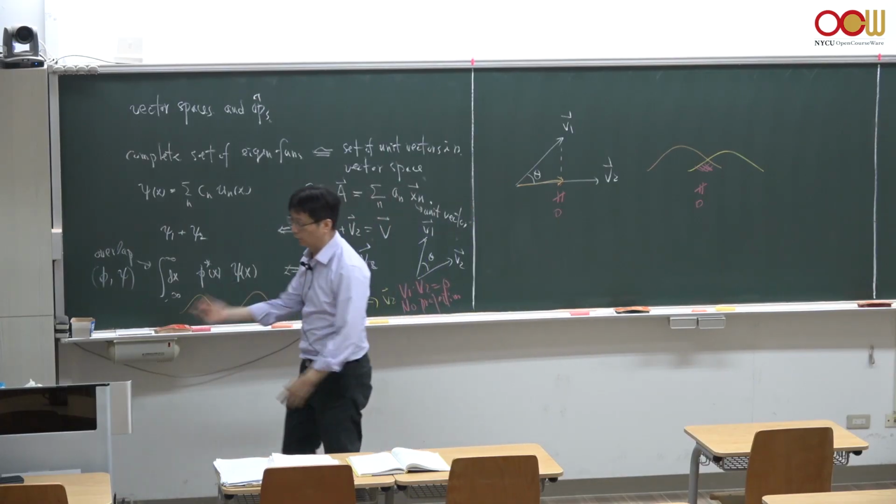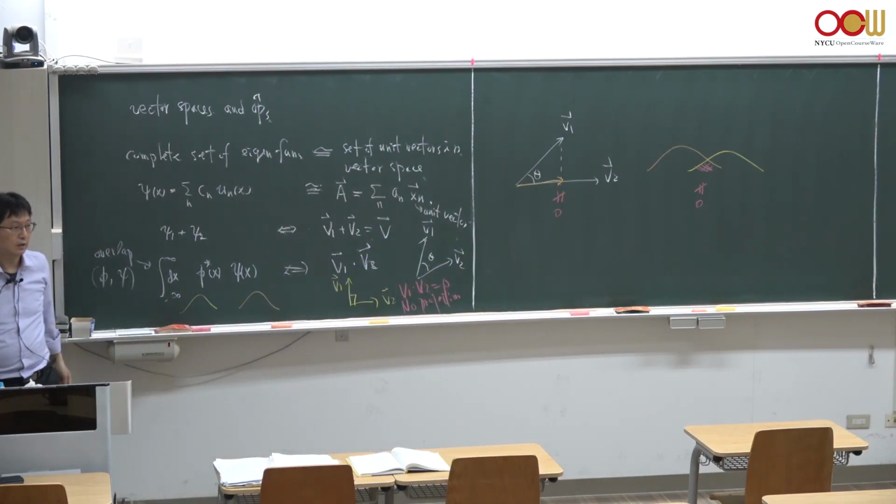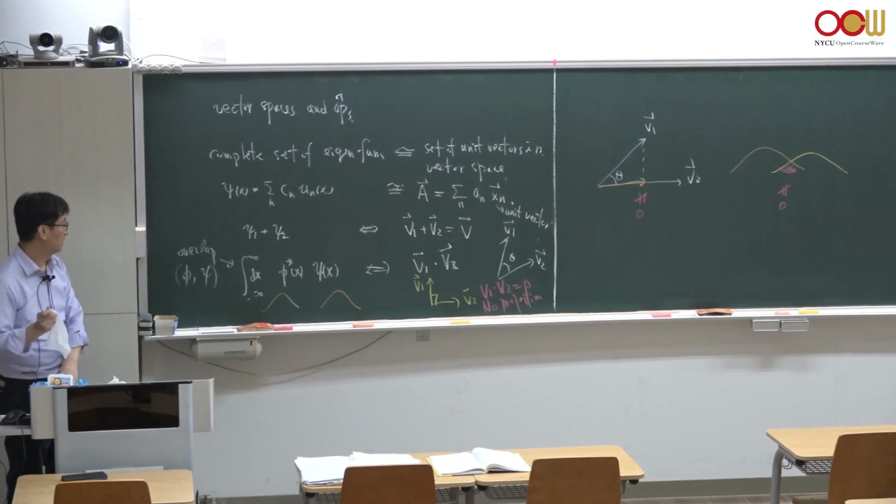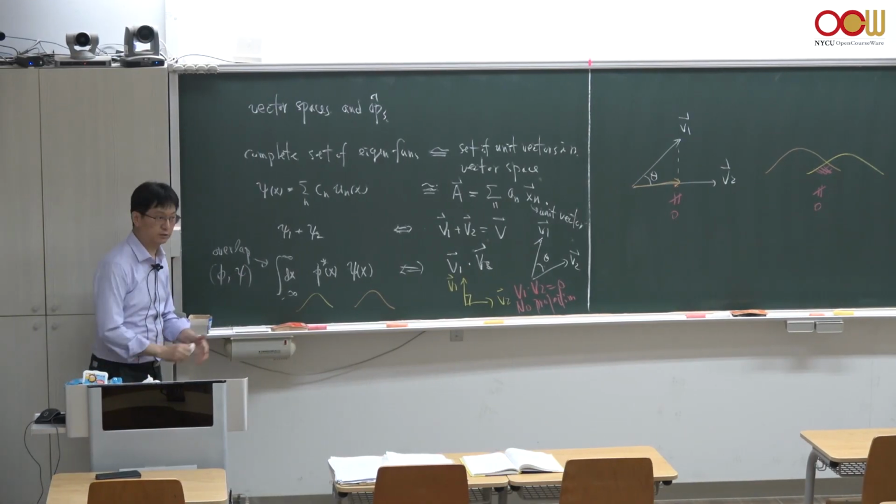So we find the overlap between these two vectors, and quantum mechanically this overlap is defined by this integral.